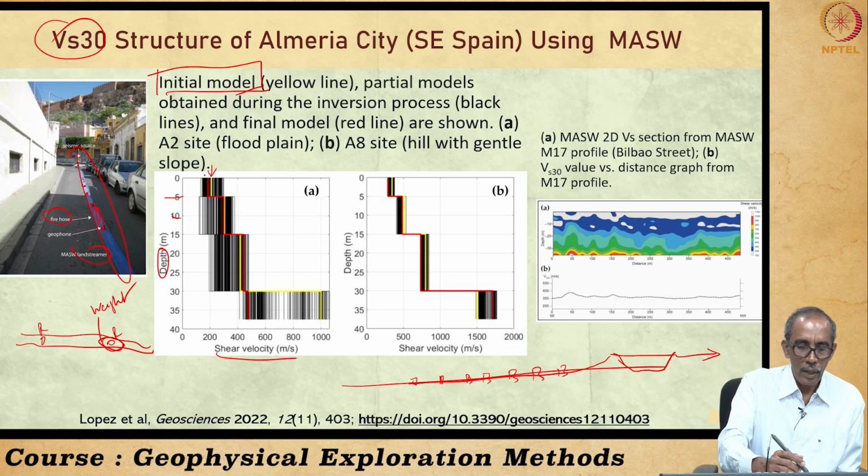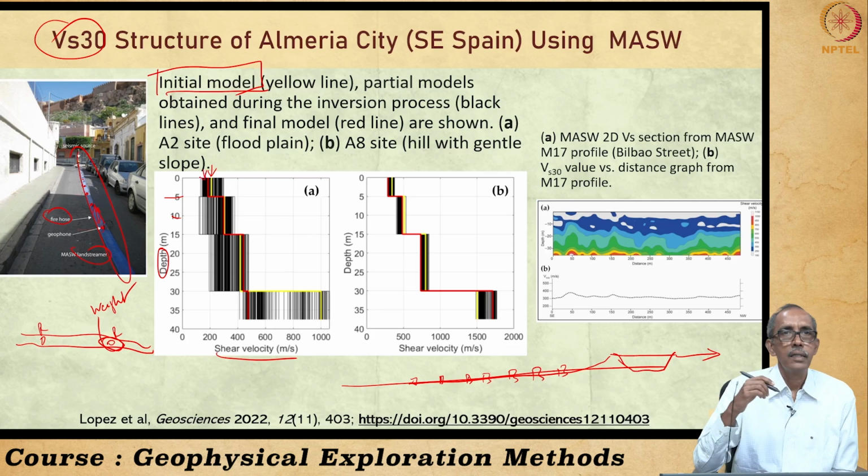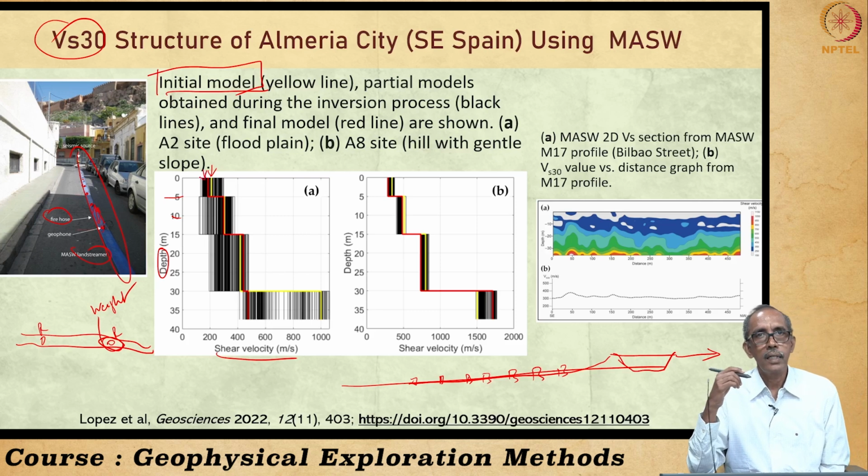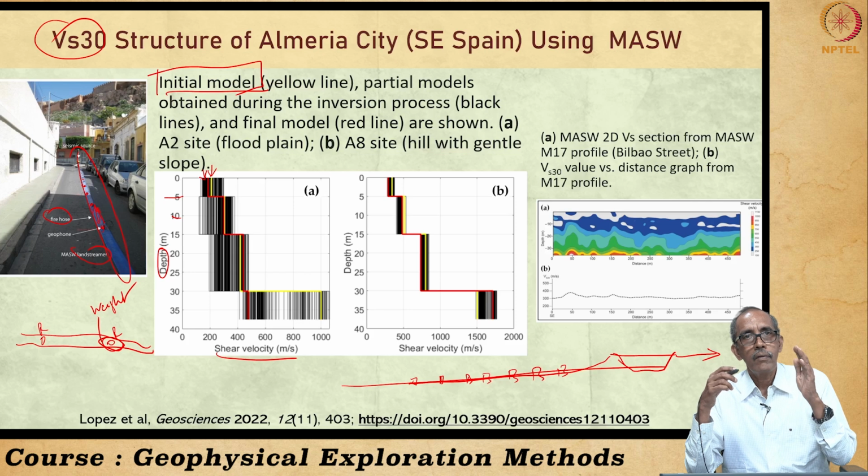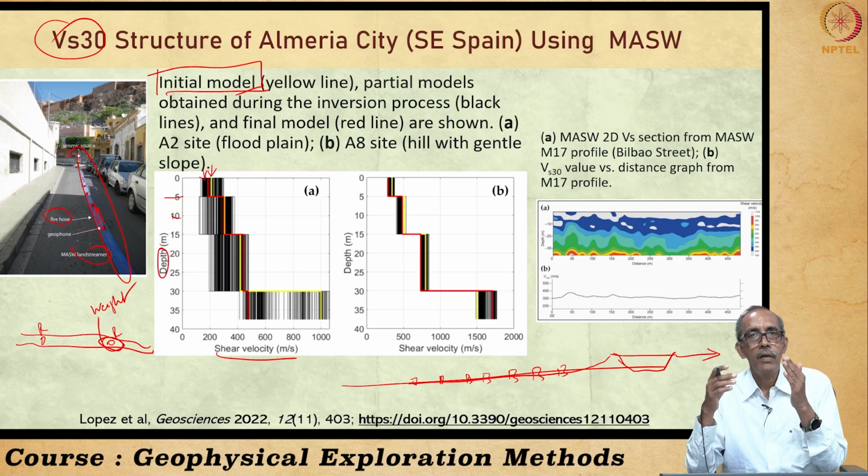Finally, they arrived at a result which is shown in red color. What does it indicate? Whatever result they got when they assumed the shear wave velocity as shown in red color, that would have been matching very well with the field derived data. Okay, so the red is the model derived data.